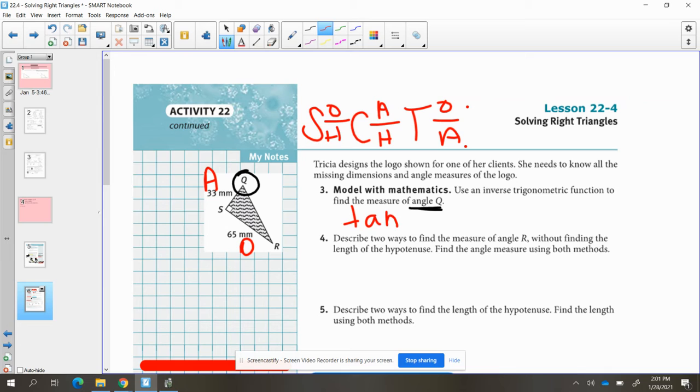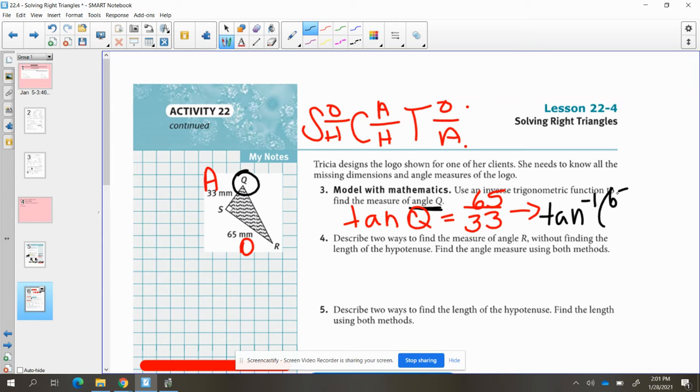So the tangent of angle Q is opposite over adjacent. So the difference between this problem and our previous problems is this time we are looking for the angle. We're not given the angle. So in order to do that, that's where the inverse comes into play. We're going to need tan inverse.